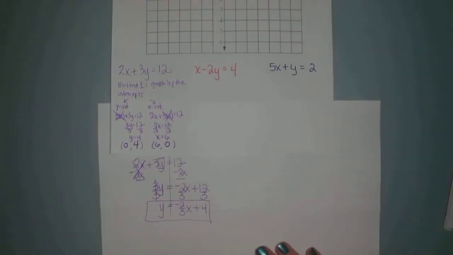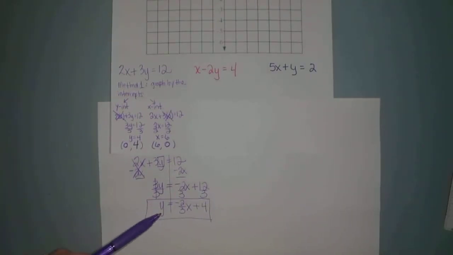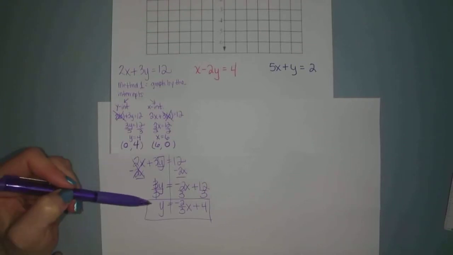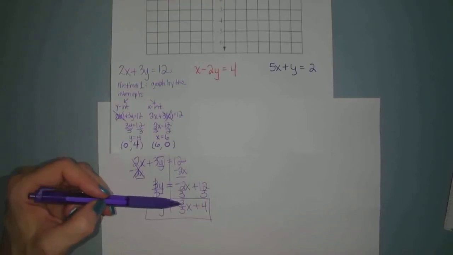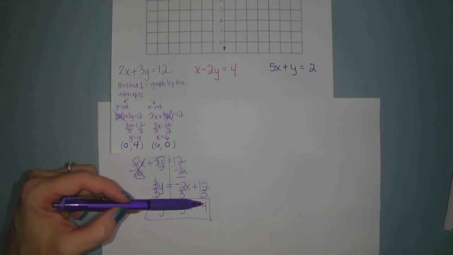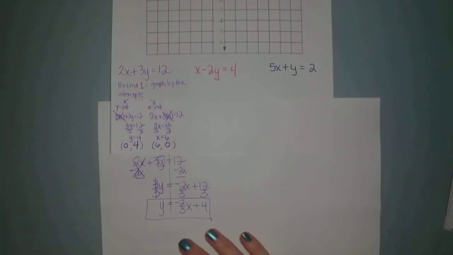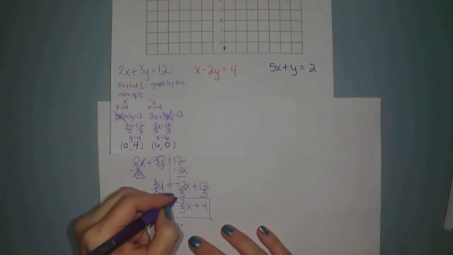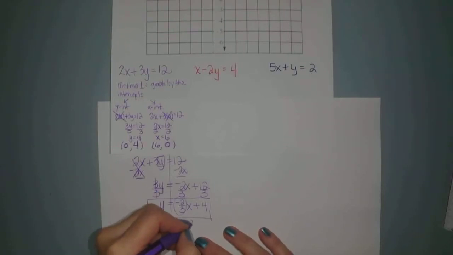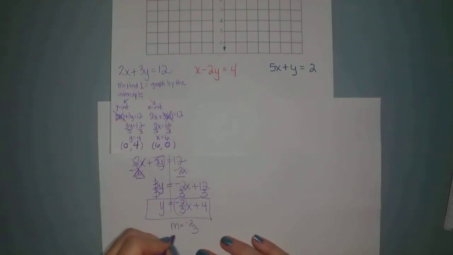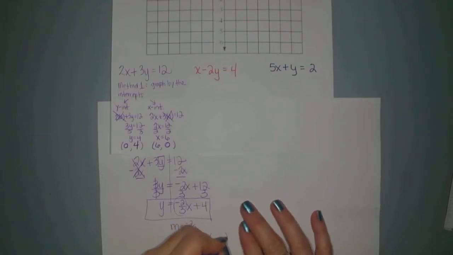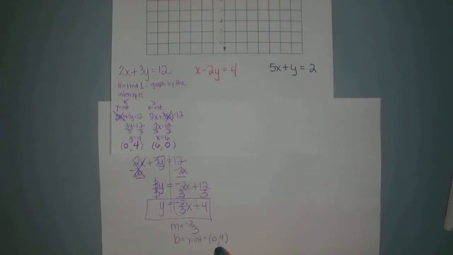Now look at that. We now have our standard form transformed into slope-intercept form, y equals mx plus b. In this form, we now know that our slope is negative 2/3. And we know that b, which is our y-intercept, is 4 when x is 0.